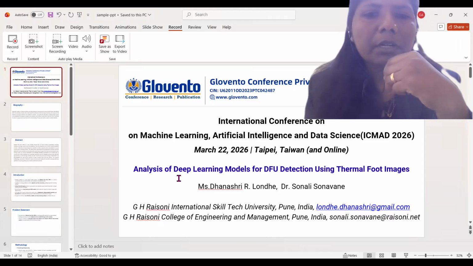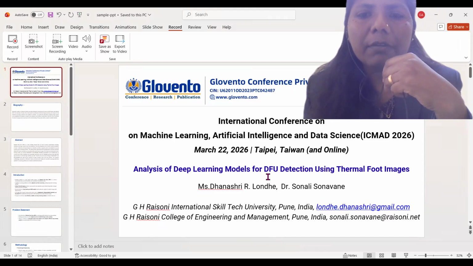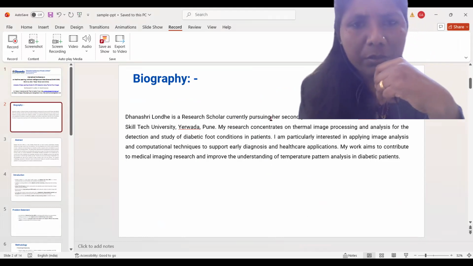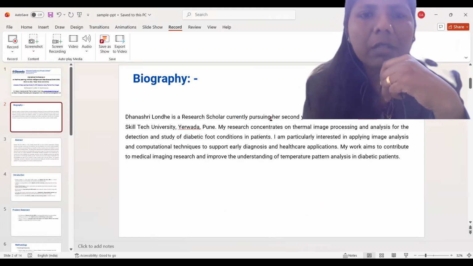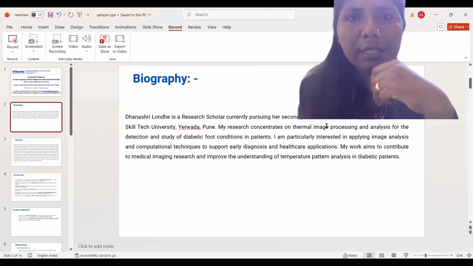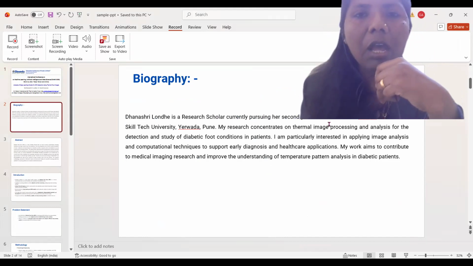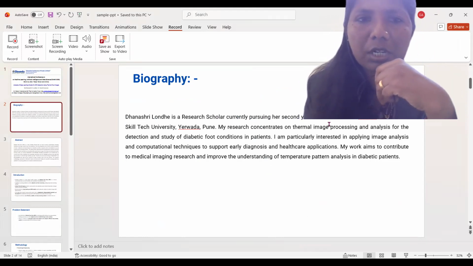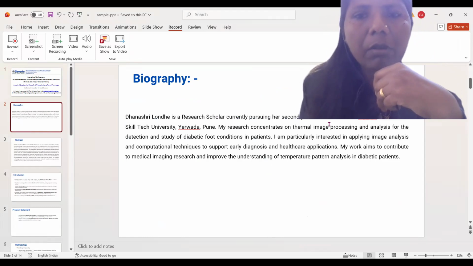Analysis of deep learning models for diabetic foot ulcer detection using thermal foot images. So I'm Dhanashri Londhe. I'm a research scholar, second year of PhD, pursuing at GS Raisoni International Skill Tech University, Yerwada, Pune.